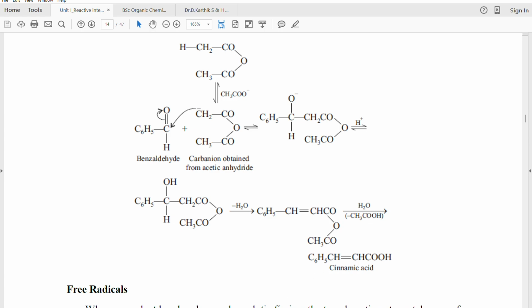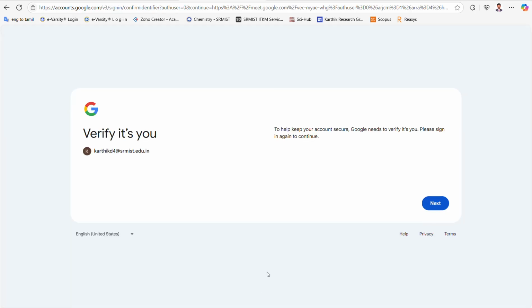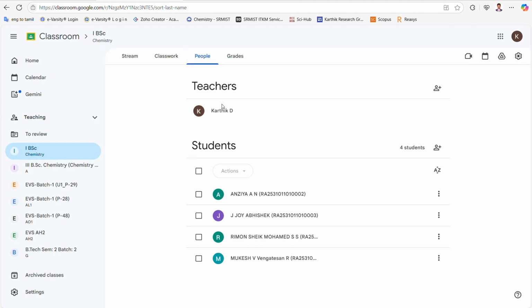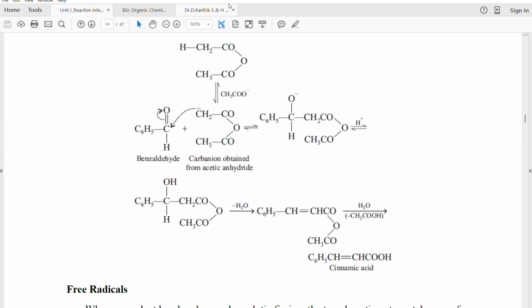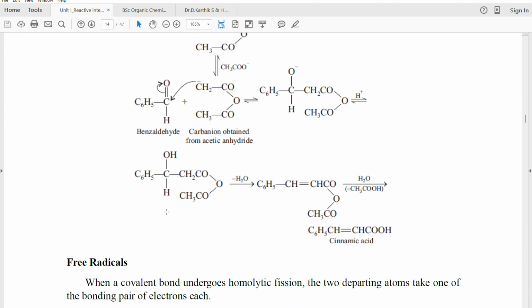What happened? The alkoxide ion abstracts a proton from the acetic acid, and it regenerates the acetate anion, right? And then finally we will have the product as a hydroxy compound with an acid anhydride functional group.